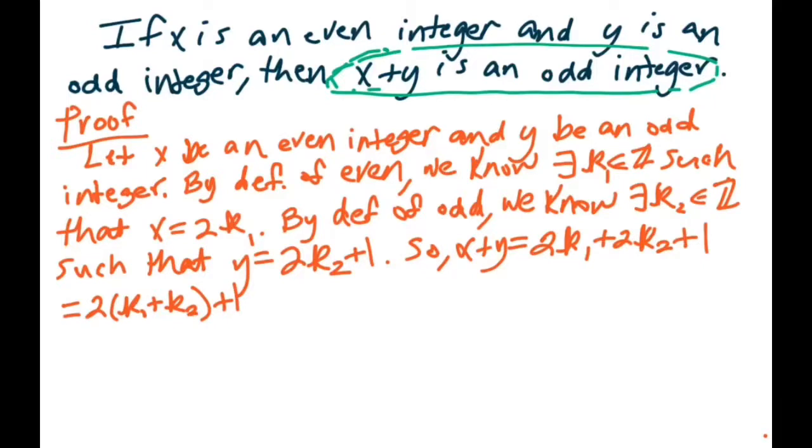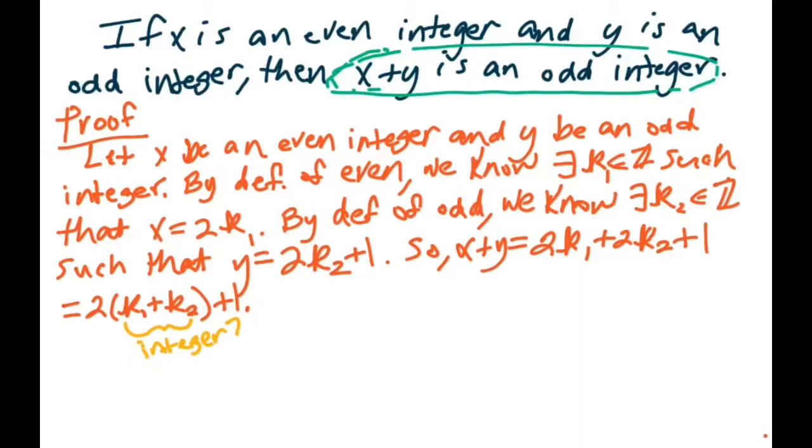All right, now I've certainly written it as 2 times something plus 1, and so you might say, oh, well, then that means it's going to be an odd integer. And it does, but there's one other thing that we need to state before we do that. I need to be able to somehow convince somebody that this really is an integer. So it's kind of a question at this point, is that really an integer? Well, remember on a previous page, we said that the closure property for integers works for addition.